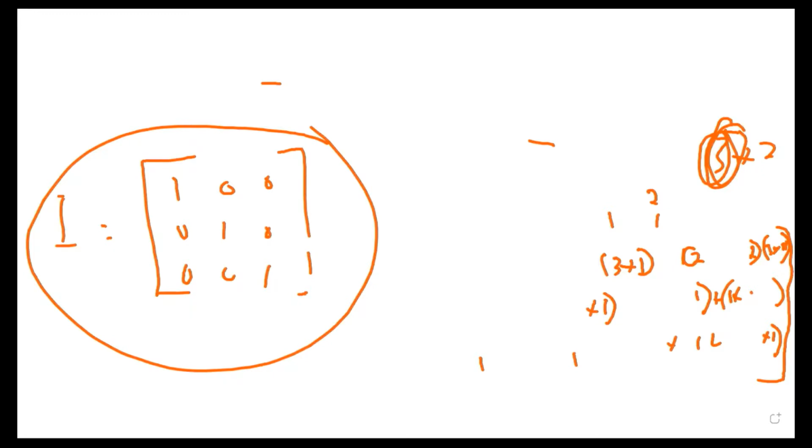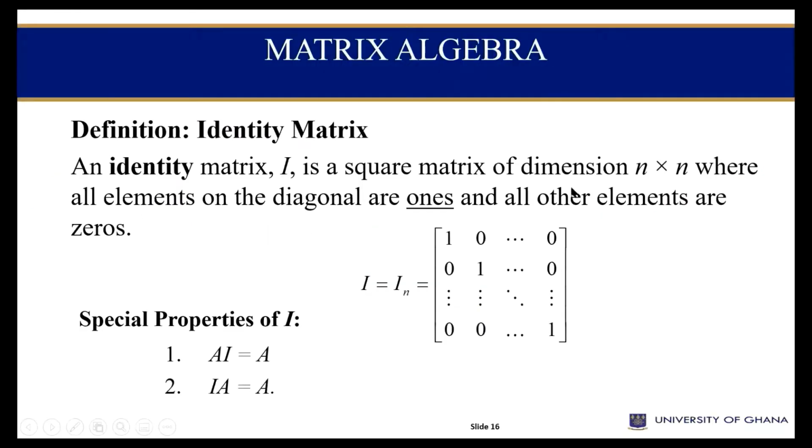So please note that we'll be using that one along the way. Therefore, I should have something like this as an identity matrix. Please note these properties 1 and 2. If you multiply any matrix by an identity matrix, the answer will be the matrix itself.